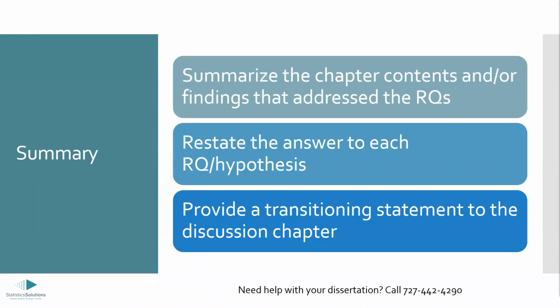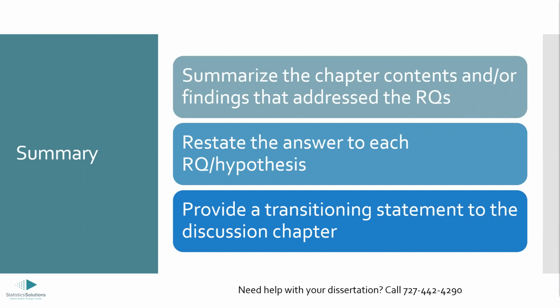And then the final section of the results chapter is typically a summary of the results. So here you just want to summarize either the chapter contents completely or just the findings to address the research questions. So here you'll want to restate the answer to each research question and hypothesis.